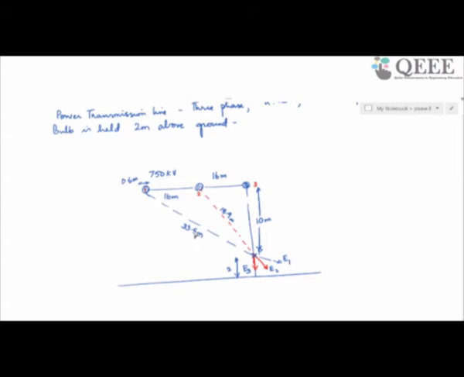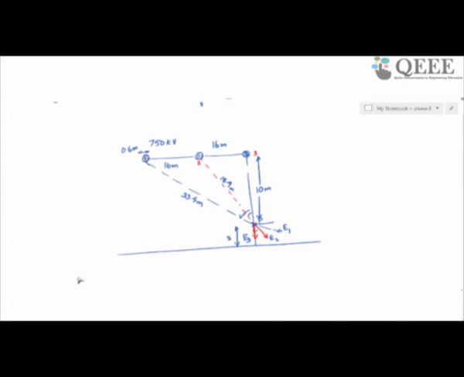I can also calculate the angles, so from this triangle I can calculate all the possible angles. The approach is going to be the following: find the total electric field due to the 3 lines.